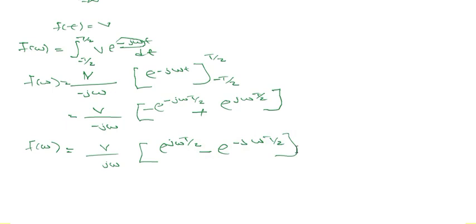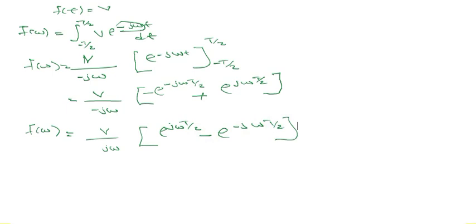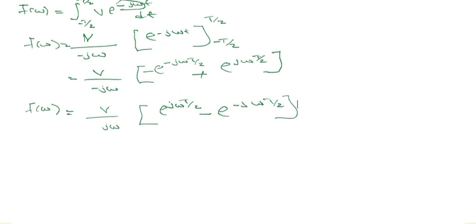Now for you to simplify this, we have to go back to our Euler identity. From Euler identity, we know that exponential plus or minus j theta is the same thing as cos theta plus or minus j sine theta.